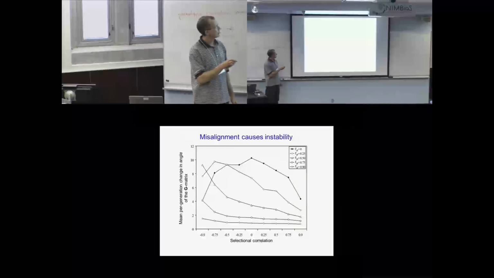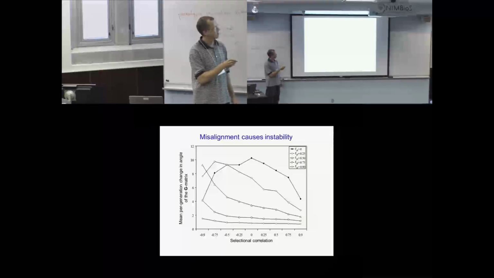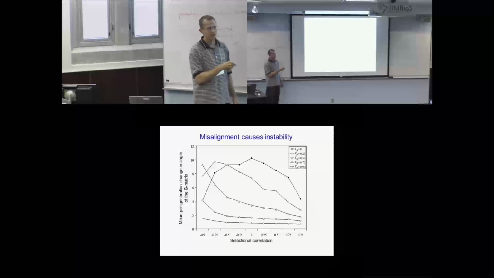This is unstable, right? Because there's a larger change in the angle of the G matrix, so higher values are less stable. And so you can see that for this graph with no mutational correlation, increasing correlational selection, it doesn't matter the sign. If you have increased correlational selection, you get a more stable G matrix, right? And that's kind of a symmetrical relationship. But now look at this line right here compared to that.